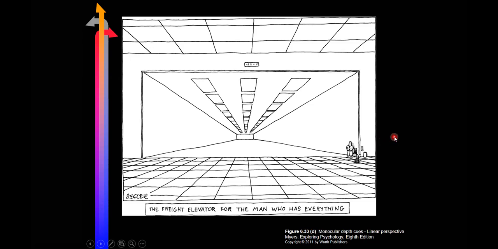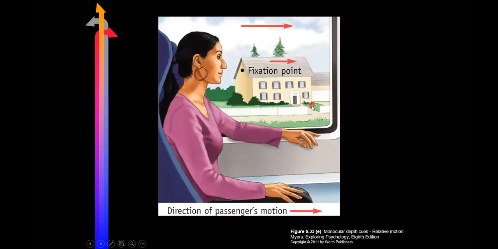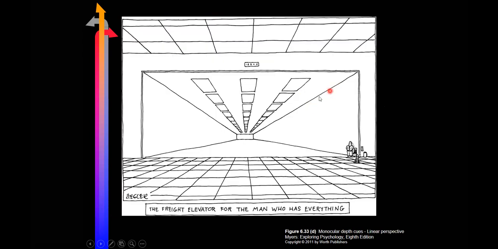What gives this illusion that this is a very large freight elevator? Okay. How about linear perspective? Notice the lines angling together, suggesting that these lines of lights here in the ceiling are going off into the distance.